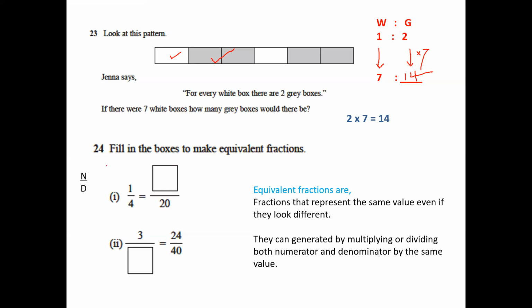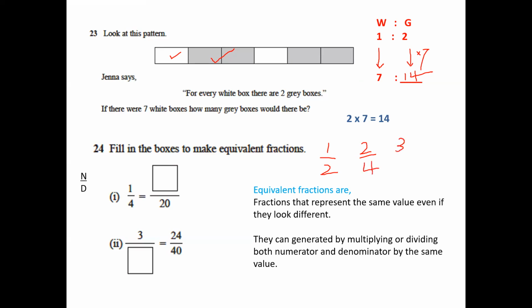Then 24th question. Fill in the boxes to make equivalent fractions. First, I'll tell you what equivalent fractions are. Equivalent fractions are fractions that have the same value even if they look different. For example, if we take half, in the simplest way, we can write half like this, 1 over 2. And 2 over 4 is also half.